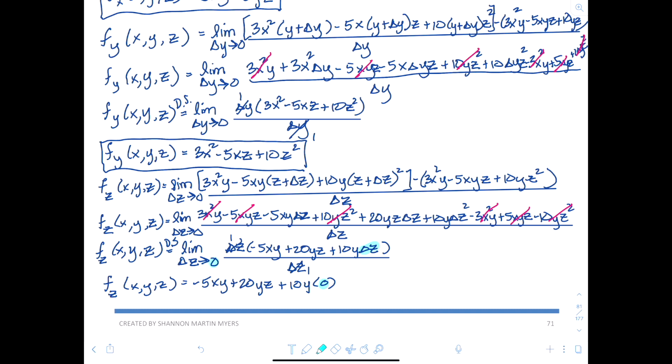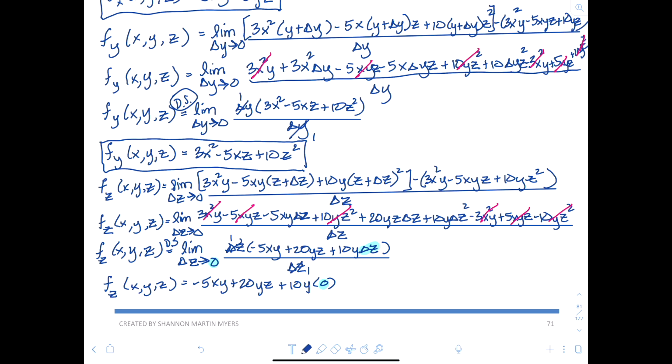And actually, do you see, this one right here, we didn't really need to directly substitute because it simplified to something that had no delta z's in there.